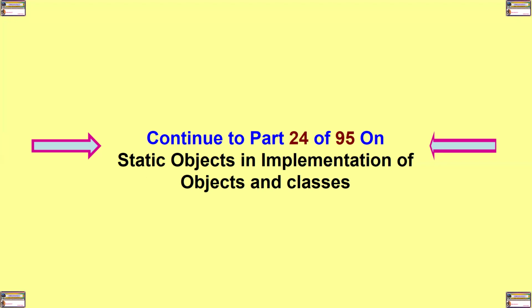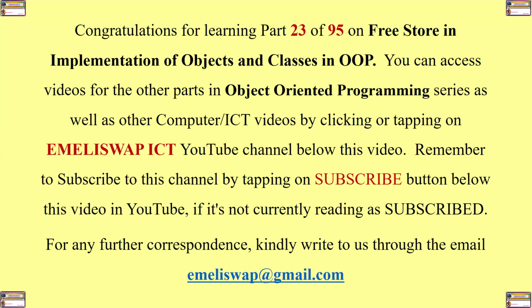So you can continue to part 24 of 95, in which we are going to be looking at static objects. In this presentation, we have looked at dynamic objects, or what we are calling the free store, those which you create when you want to use them and you erase them when you are done. But in the next presentation, part 24 of 95, we are going to look at what we call the static objects in the implementation of objects and classes.